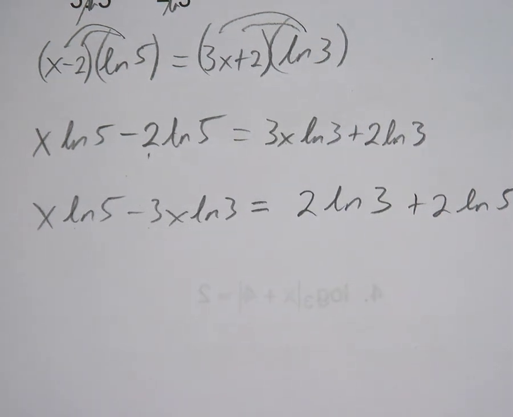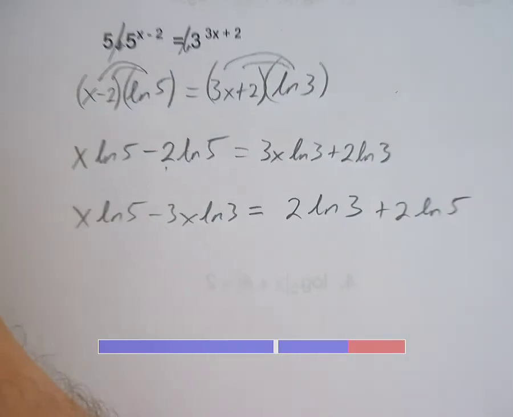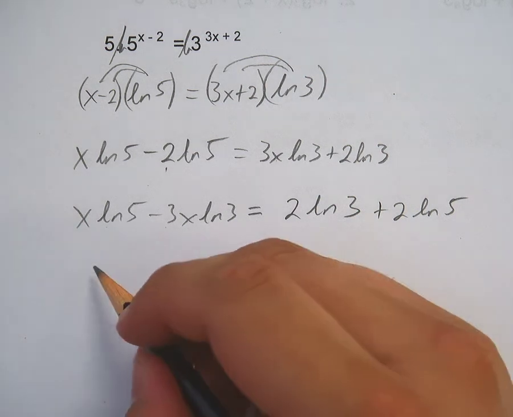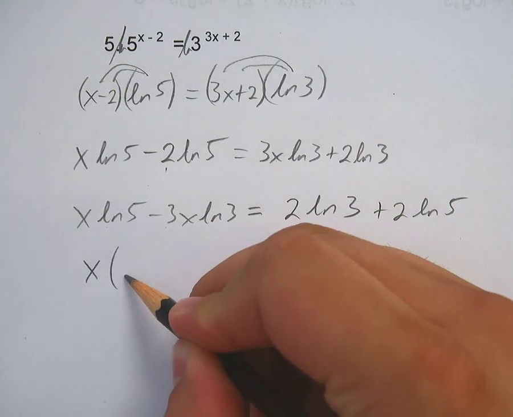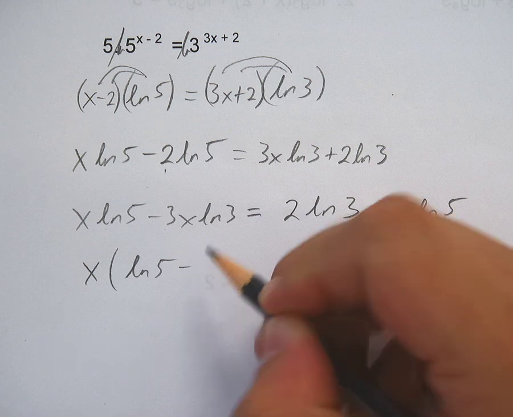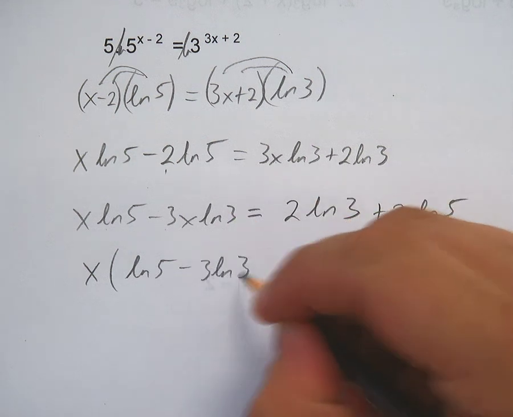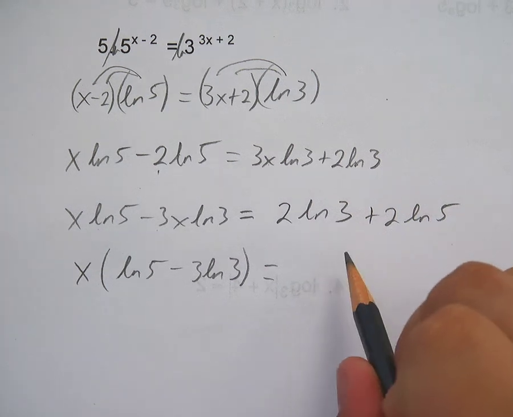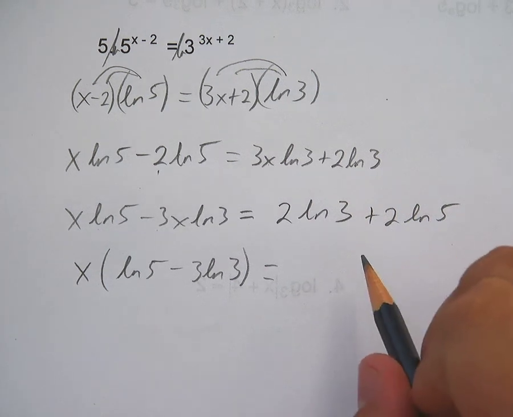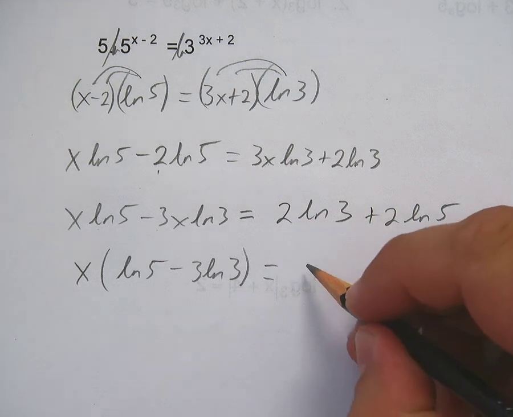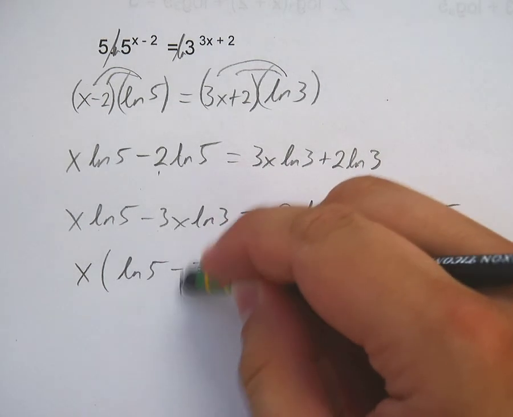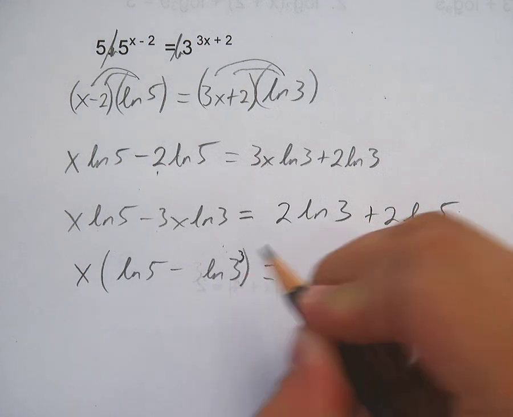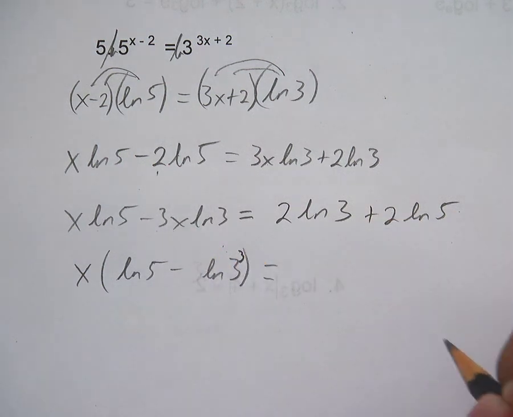And then using your properties for logarithms, I can simplify that even more. See, I can factor out an x and leave this as ln 5 minus 3 ln 3 is equal to, and if I were to combine this and rewrite it, and I should have done the same over here, so I'm actually going to do that right now. The natural log of 3 cubed, I'm going to take this 3 up here.